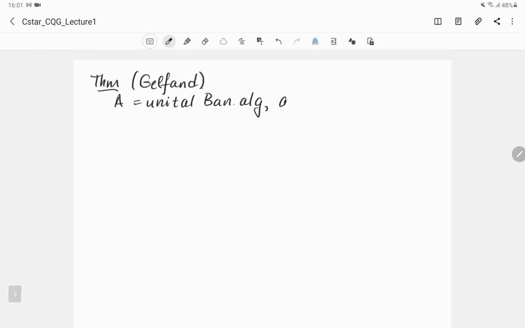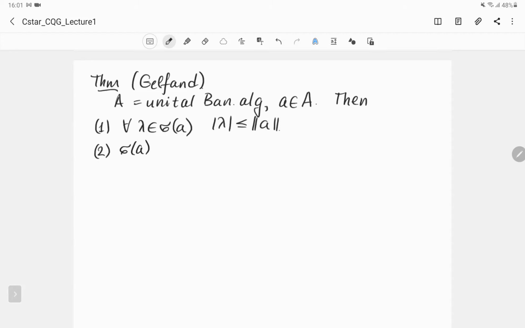And little a is an element of our algebra. Then we have the following statements. First of all, for each element little lambda in the spectrum, the absolute value of lambda is less than or equal to the norm of A. Second, the spectrum of A is compact.